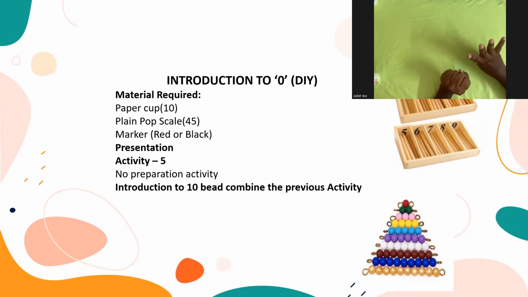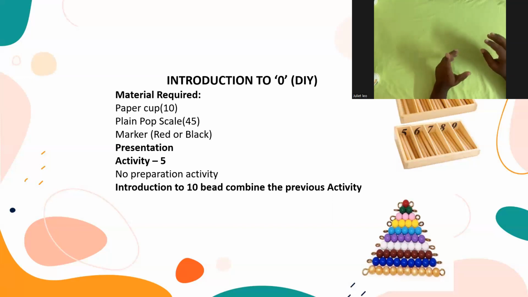Number 4 means 4 times we need to hop. Number 6 means 6 times you need to jump, hop, or rotate your head or rotate your hands.